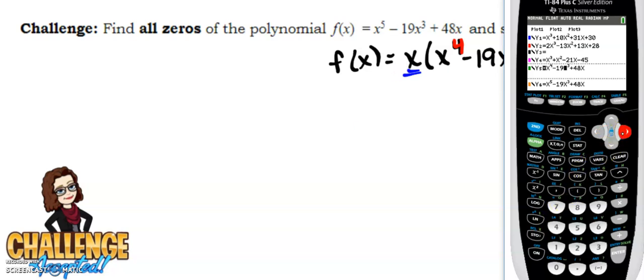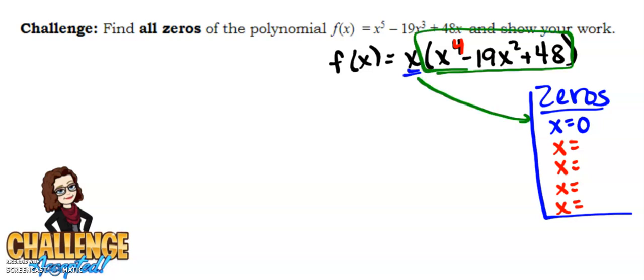So x to the 4th minus 19x squared plus 48. So I'm going to choose that one, okay, because then I can only worry about the zeros on here to get started. If I go to my table, I have a 0 at 4, so that's where I'm going to get started.